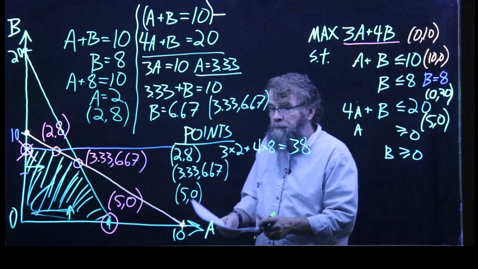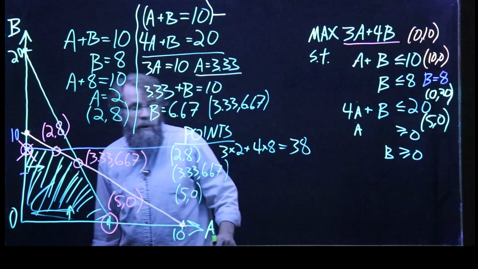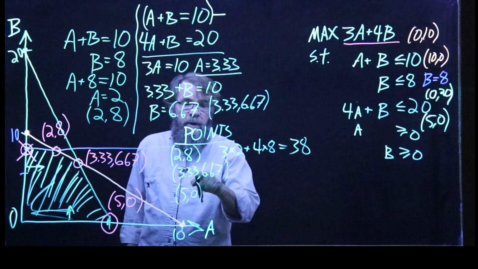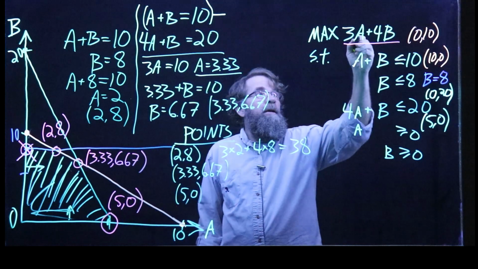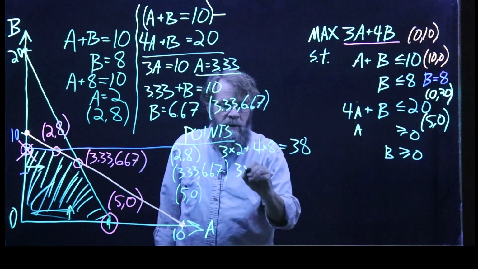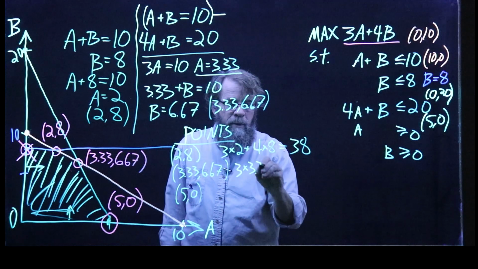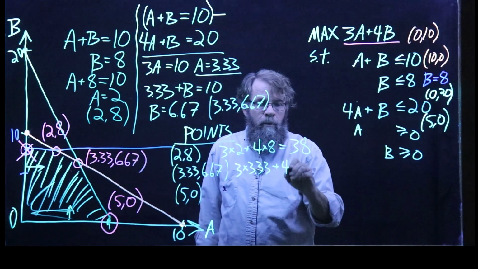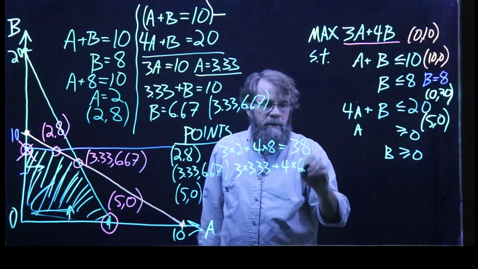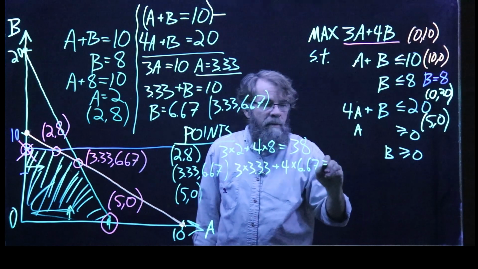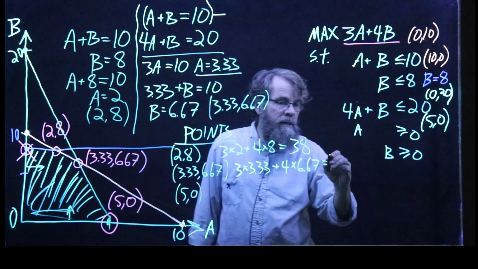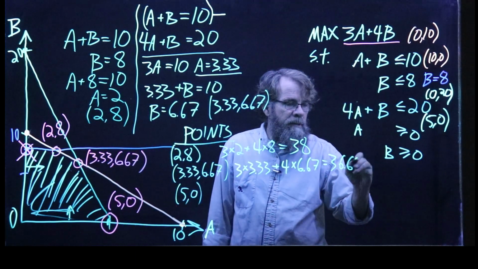So yes, that was 38. Then for the next one, we have 3.33 and 6.67, so I'm putting that in for a and b again. So we have 3 times 3.33 plus 4 times 6.67, and that works out to 36.68.